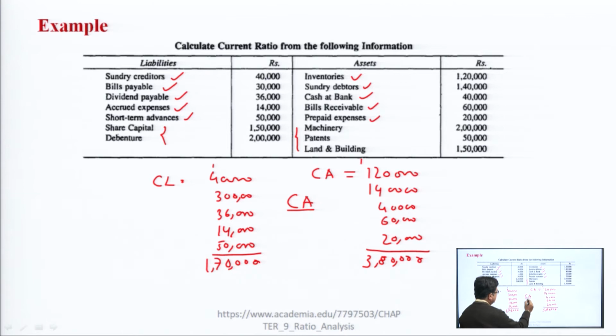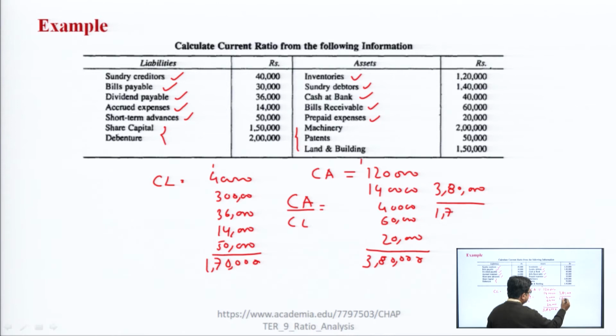CA divided by CL: 3 lakh 80 divided by 1 lakh 70. 38 divided by 17 is approximately 2.2.